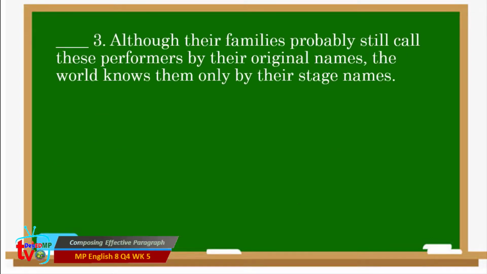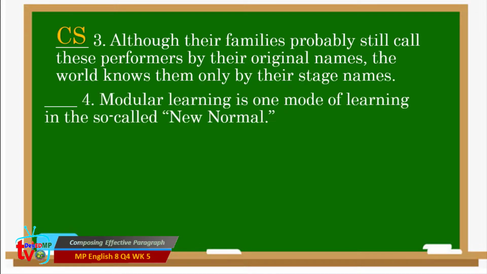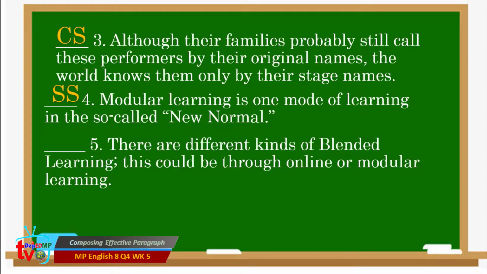Although their families probably still call these performers by their original names, the world knows them only by their stage names. CS. Number 4. Modular learning is one mode of learning in the so-called new normal. SS. Number 5. There are different kinds of blended learning. This could be through online or modular learning. TS.